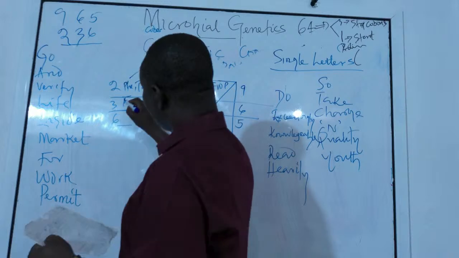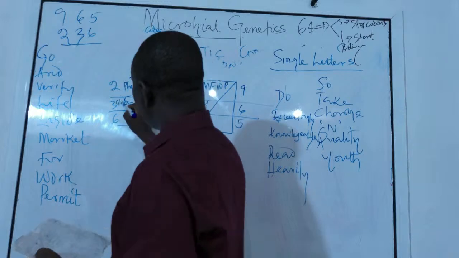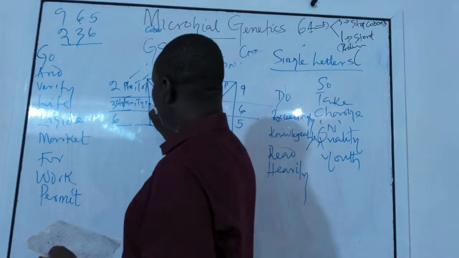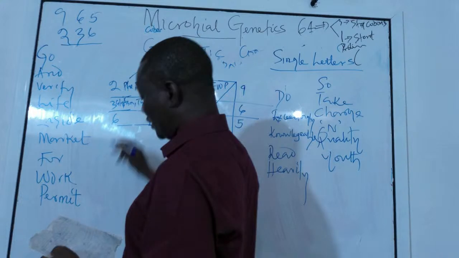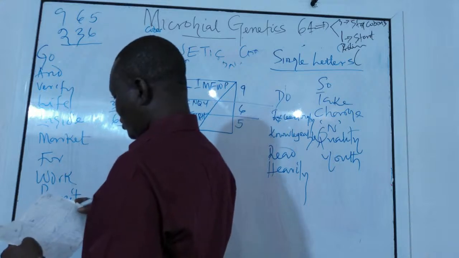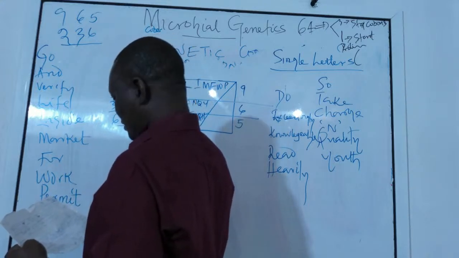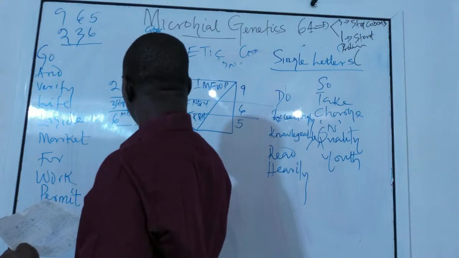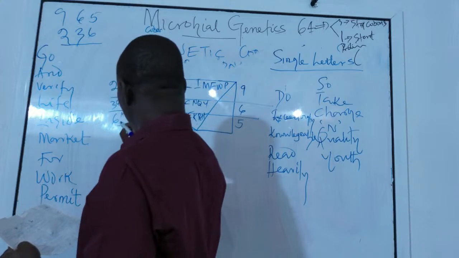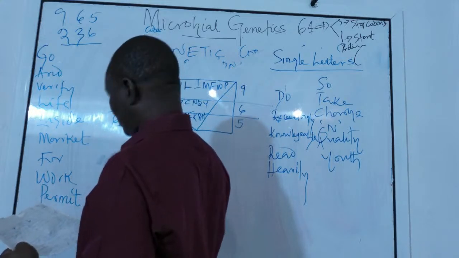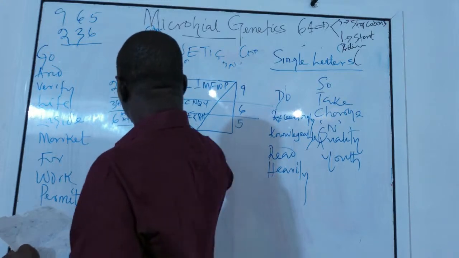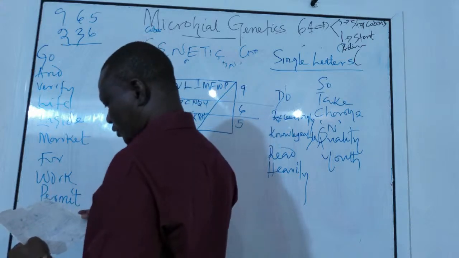ASN, GLN, and TYR. That is for 3. And the last one is going to be ASP, GLN, LYS, lysine, ARG, 1, 2, 3, 4, ARG.